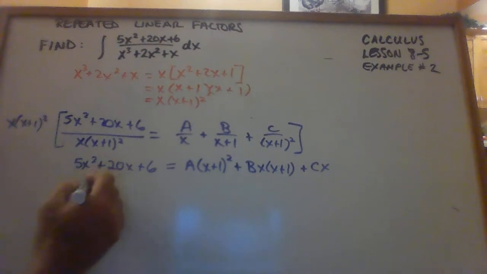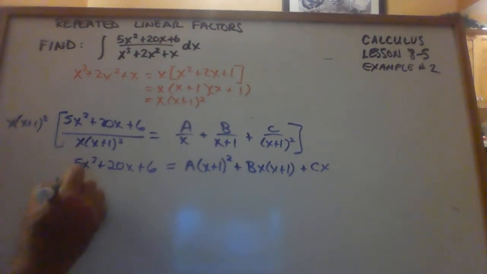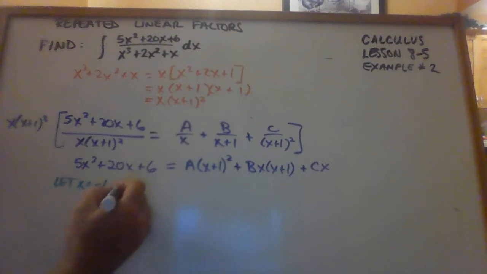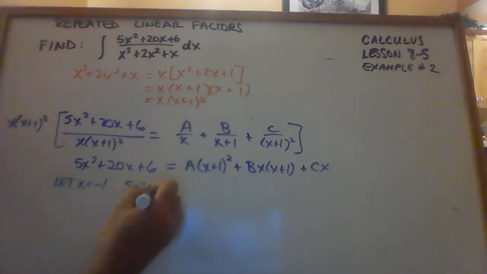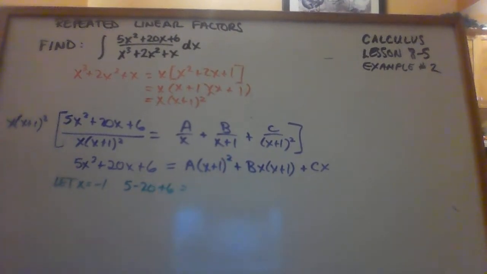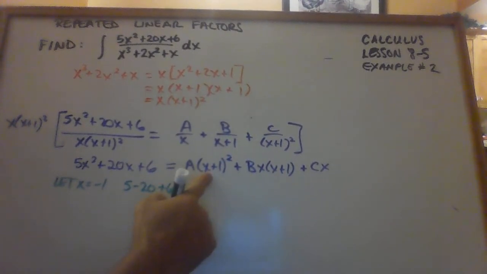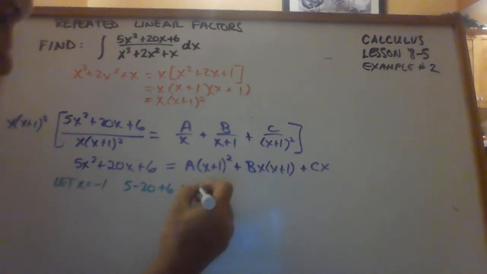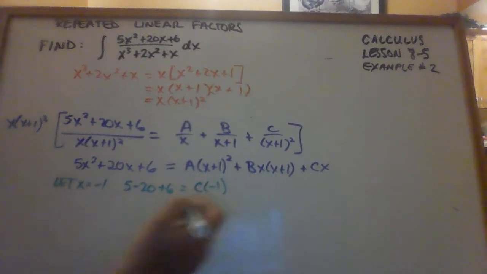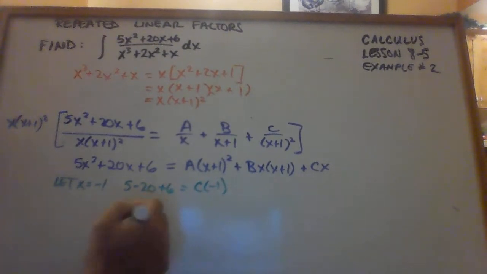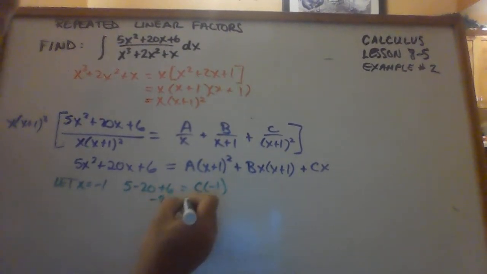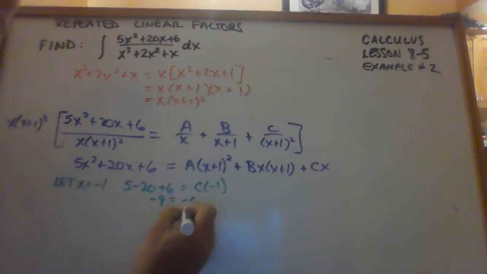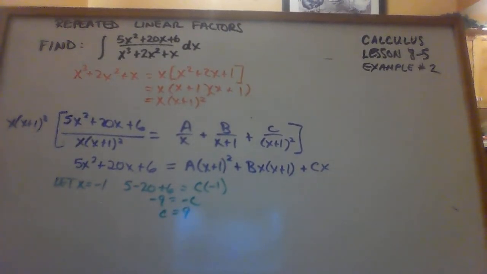So if I let x equal -1, then this side becomes 5 minus 20 plus 6 equals, again, remember if I put a -1 here, this is just 0 and that makes this whole thing 0. If I put a -1 here, it makes all this 0. And that leaves me with c times -1. And this I can see is -9 equals -c, and so c is 9. So now I know what c is.